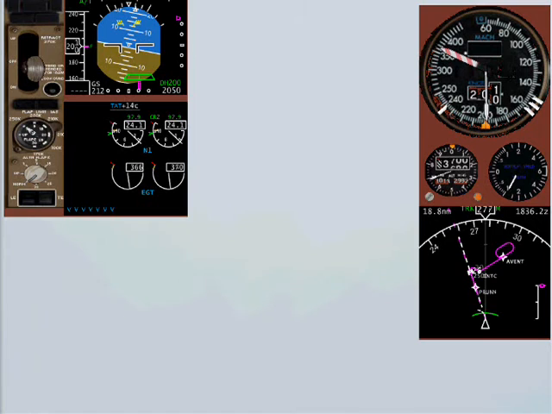Intercepting the localizer course, we call for flaps 5 and slow to 180 knots.